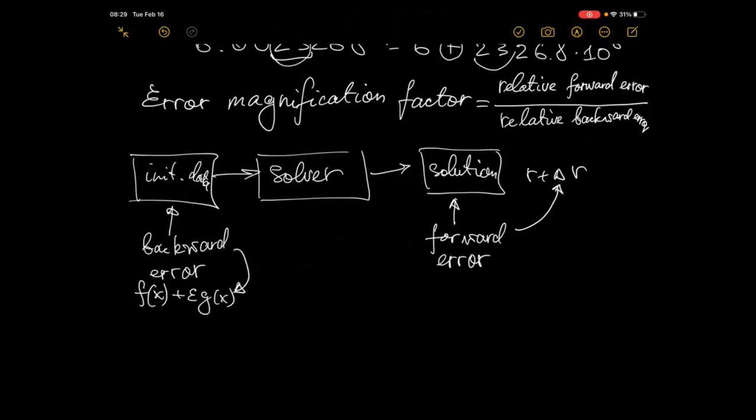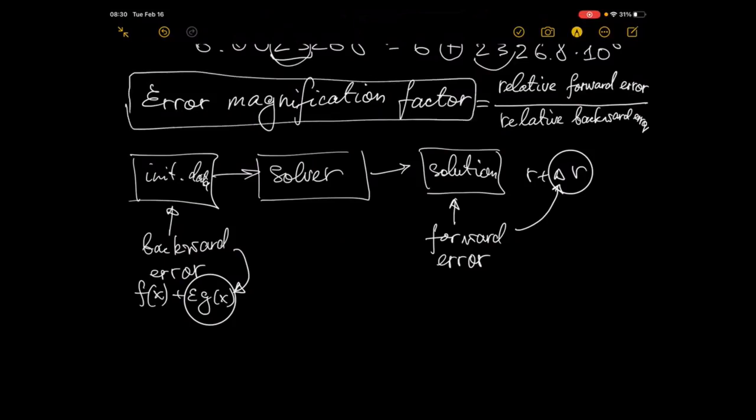So essentially, this was the error on input, and this is the error on output. So the idea is how they are related. We are trying to figure out the error magnification factor.